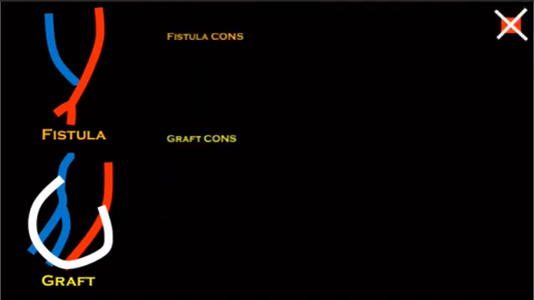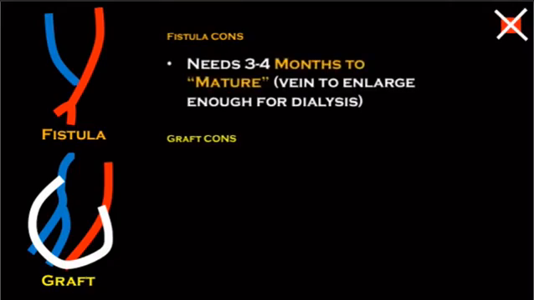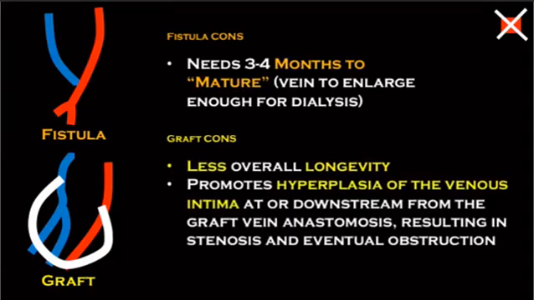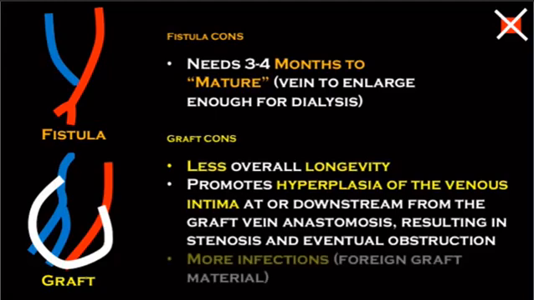So cons: the fistulas take longer to mature. That was the big pro of the graft. And again, overall grafts don't last as long, and they promote hyperplasia of the venous intima. And because it's artificial, it's basically a foreign body, it can be a nidus for infection.